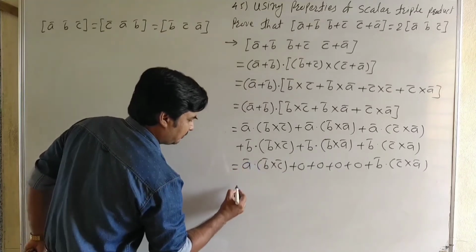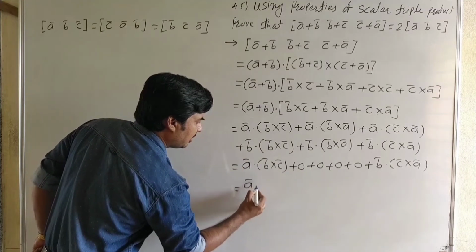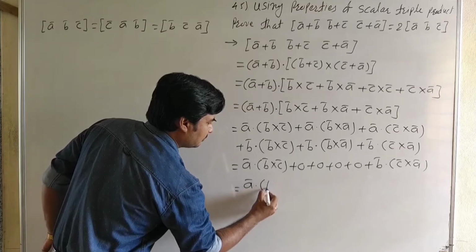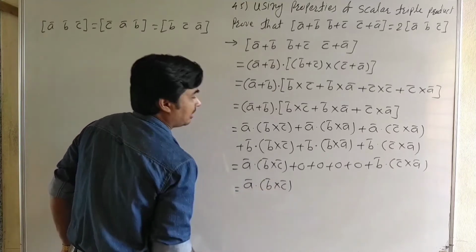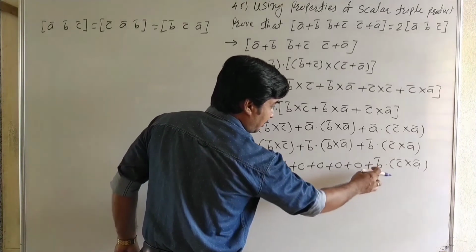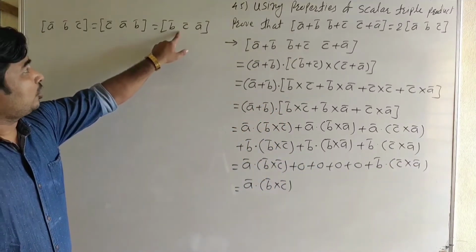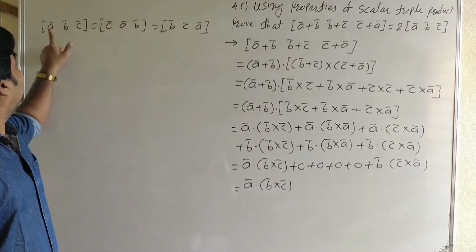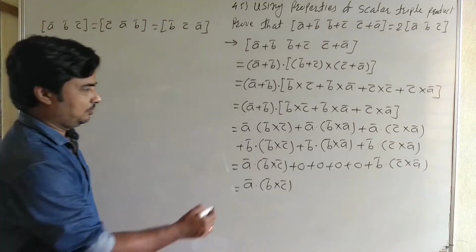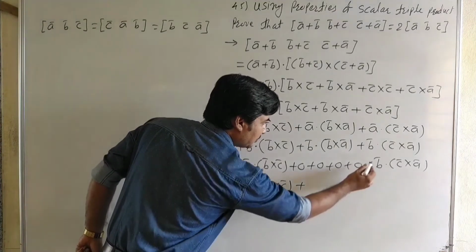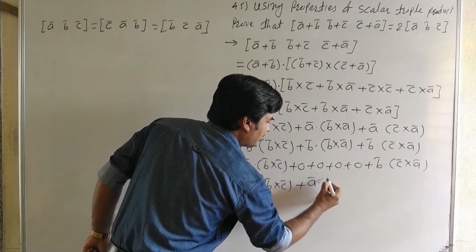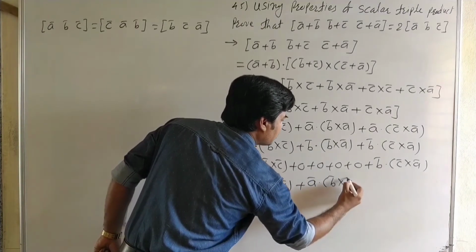Now here we get a bar dot b bar cross c bar, and here b bar dot c bar cross a bar. b bar dot c bar cross a bar is equal to a bar dot b bar cross c bar. So we can write, plus the last term, a bar dot b bar cross c bar.